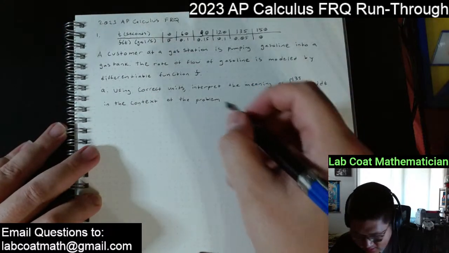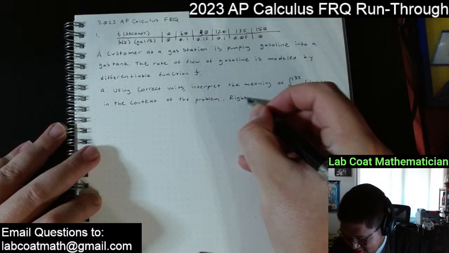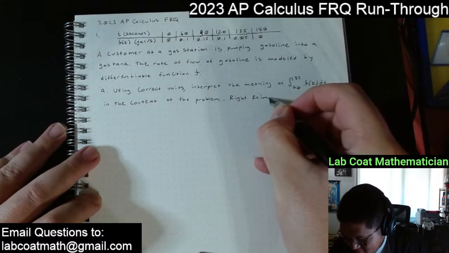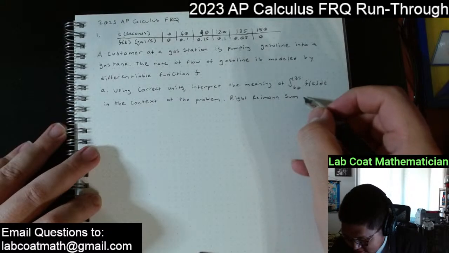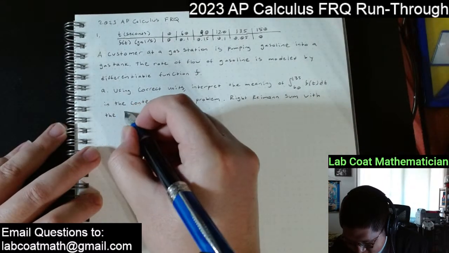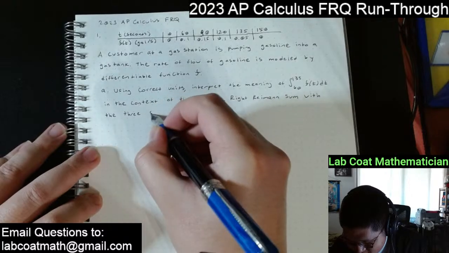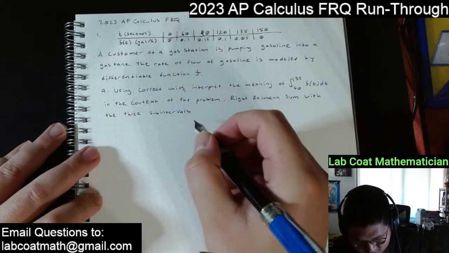Okay, and then they're going to continue with us saying that we want to use our right Riemann sum with the 3 subintervals, and they'll give them directly to us.